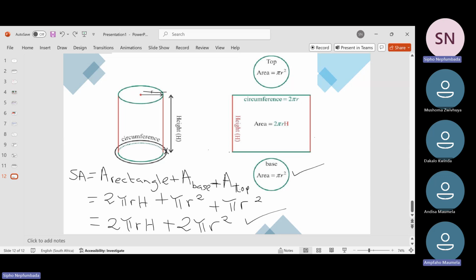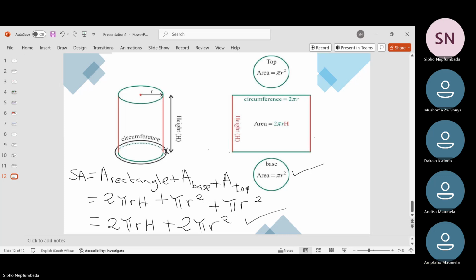Can you see this rectangle here? We are removing it from the cylinder, which contains the circle. That's why we have to include that one, because the circumference of our rectangle is not closed.